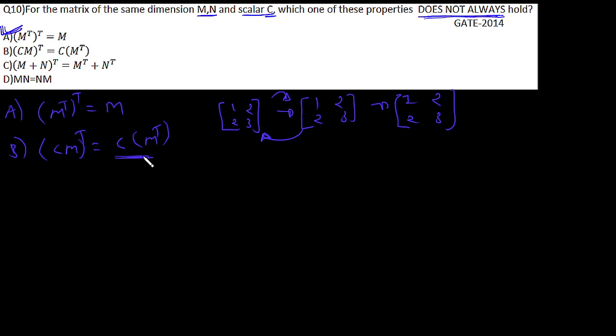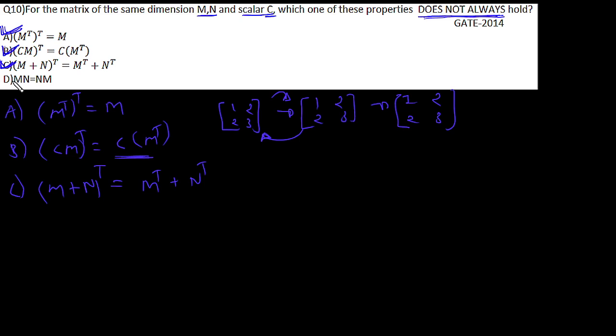It also always holds, so option B is also right. Now option C says we have to find the transpose of the addition of these matrices. What we can do is take the individual transpose of each matrix and add them. It is also always true for matrices of the same size.